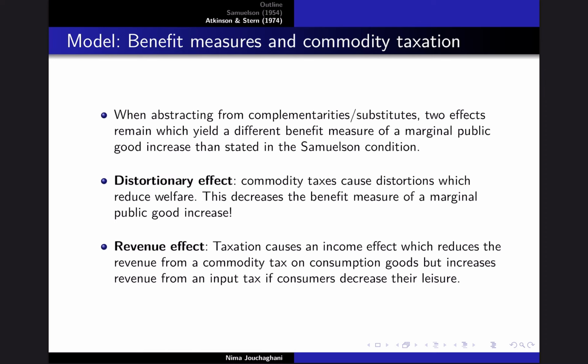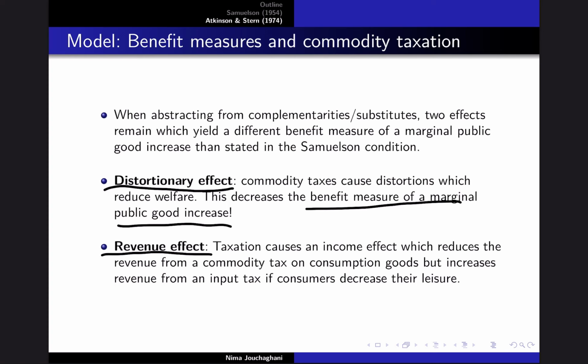The two effects are the distortionary effect and the revenue effect. The distortionary effect captures a feature of a commodity tax in that it causes distortions because it changes the relative prices of goods, and this reduces welfare. Since it is reducing welfare, this distortionary effect decreases the benefit measure of a marginal public good increase because of the distortions.